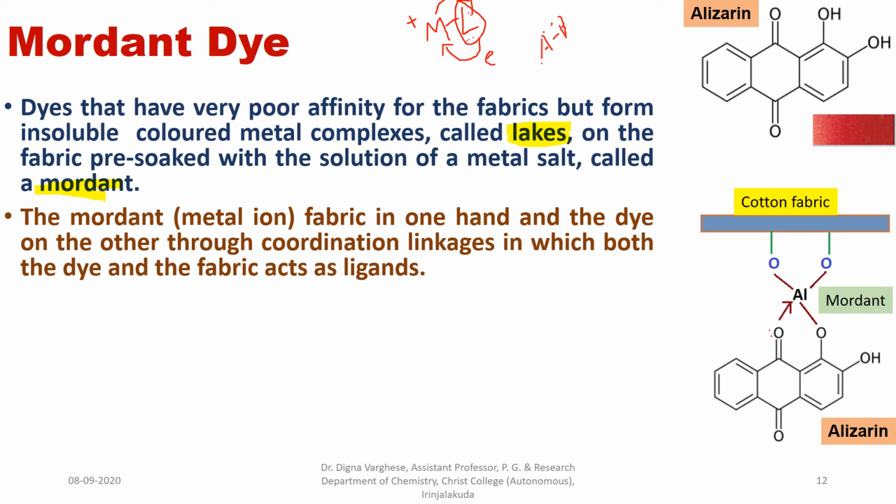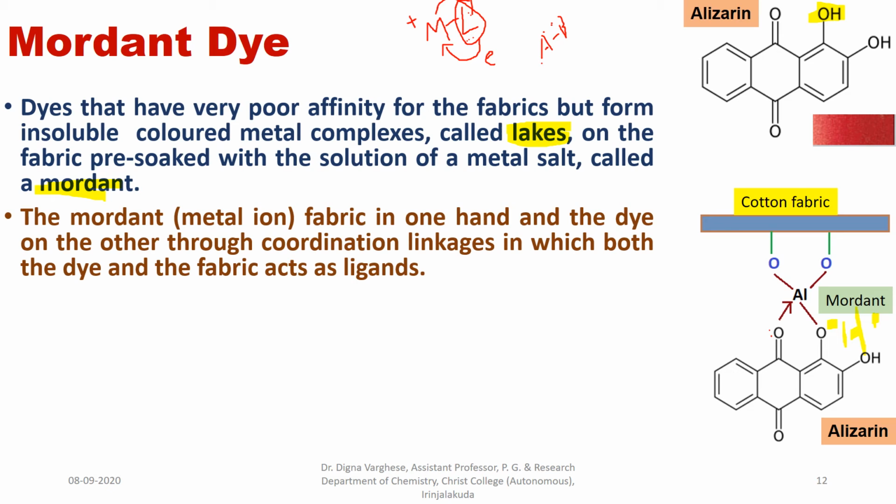Here the oxygen atom from the OH group of the alizarin removes an H plus ion and forms a strong bond, that is O minus, to the aluminium 3 plus ion.